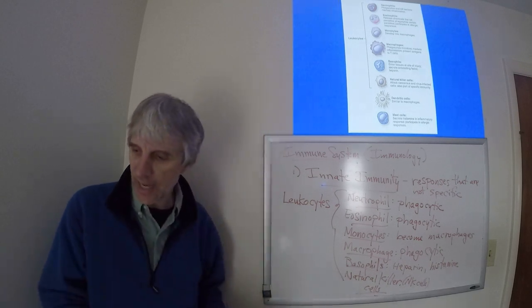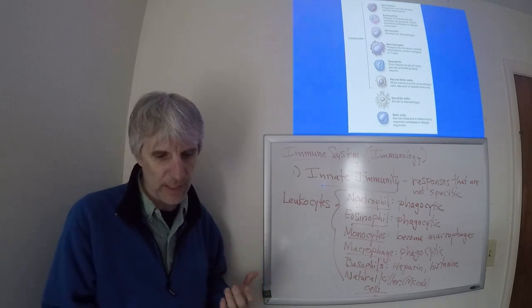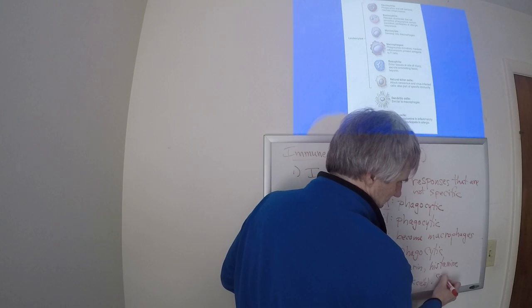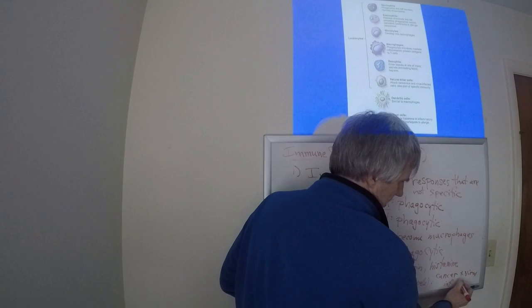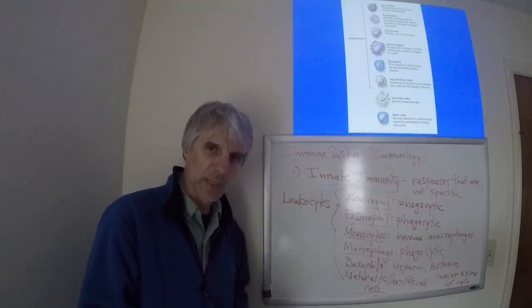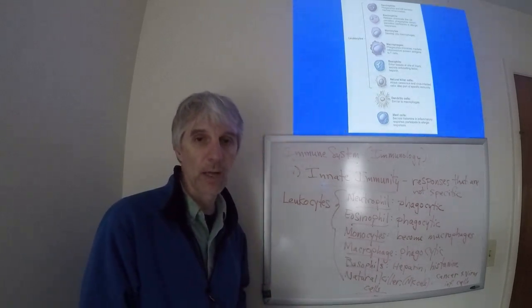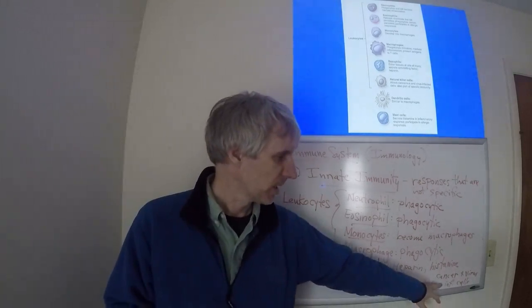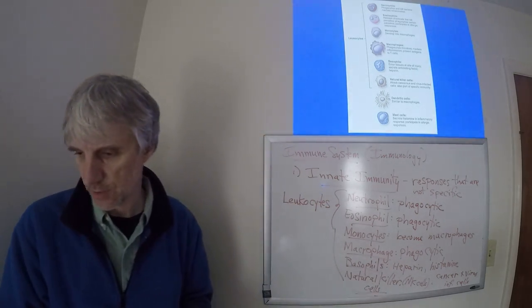But here under the innate immunity side, they participate in targeting cancer cells and virus-infected cells. So if a cell has been infected by a virus or is showing signs of being cancerous, that is, uncontrolled cell division, these natural killer cells do wander around and target these cells. But it's still very non-specific because it doesn't matter what virus is in there, the cells will be targeted by these natural killer cells.